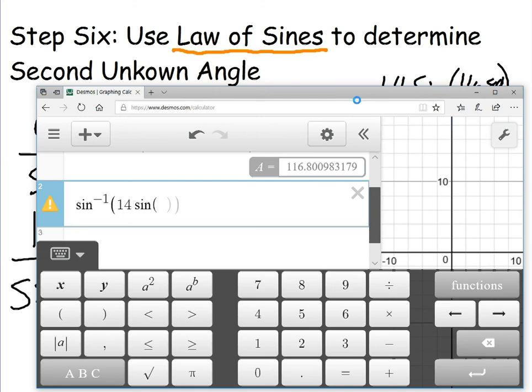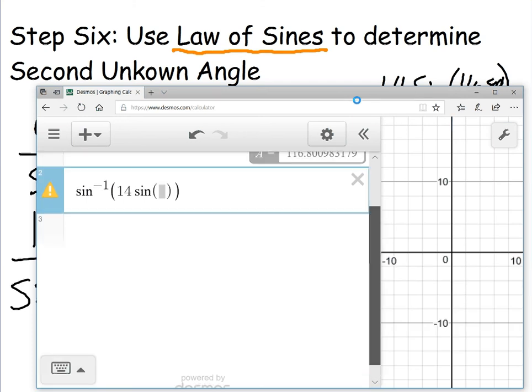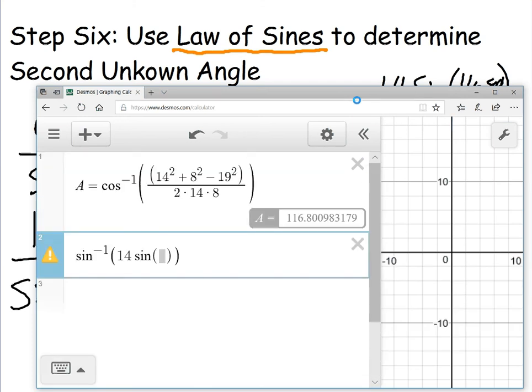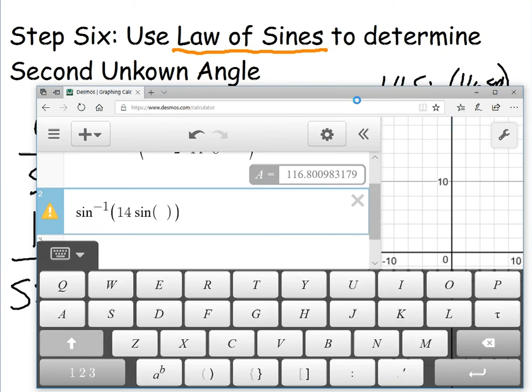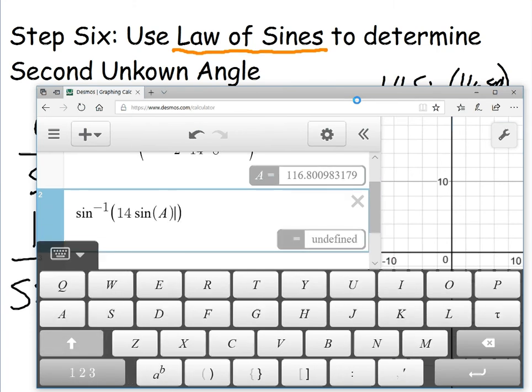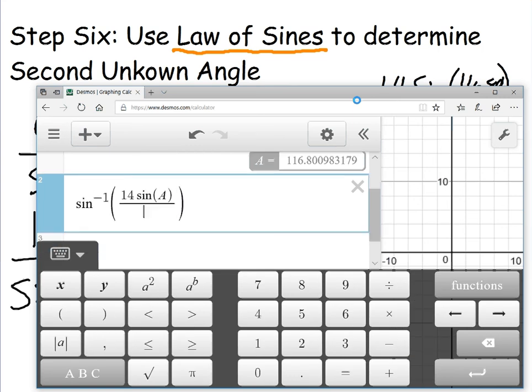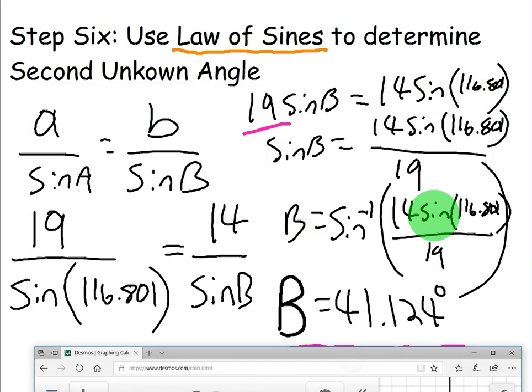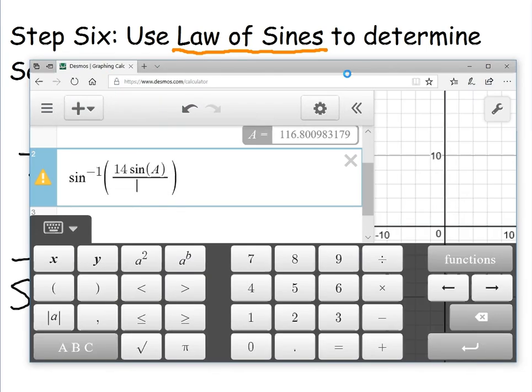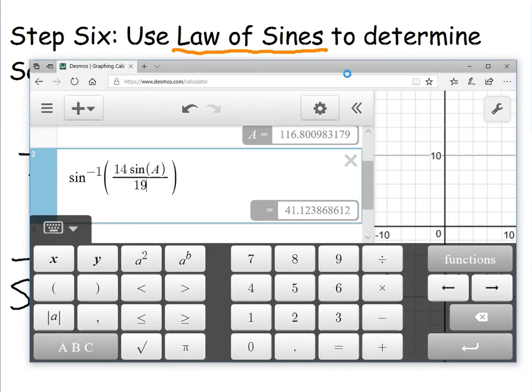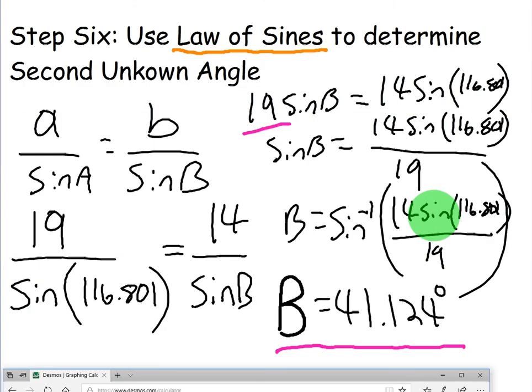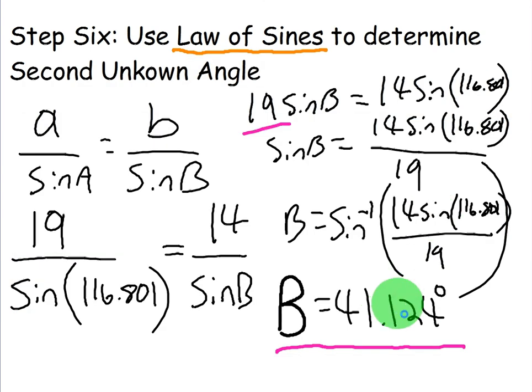Now again, I've stored my big A up here, so I'm just going to use that to plug in so it doesn't round anything. And that's all going to be divided by 19. And I get 41.124. And there we go. I did actually store it correctly. And that's going to be my big B.